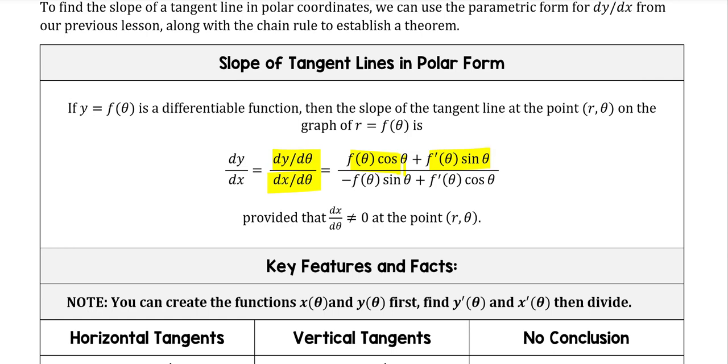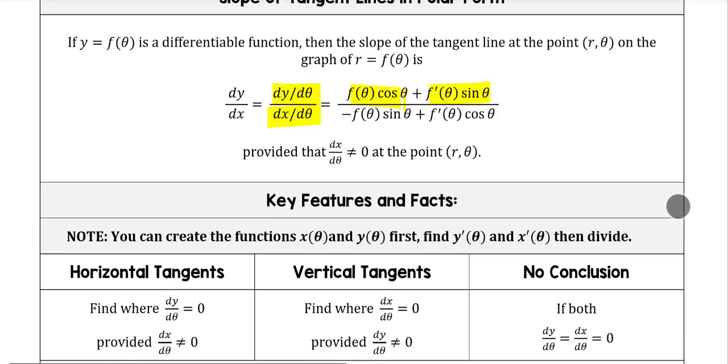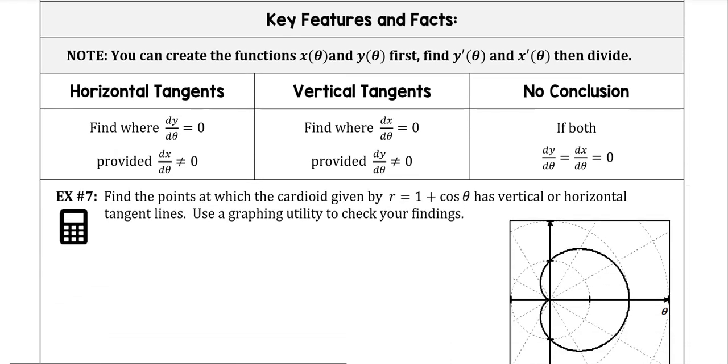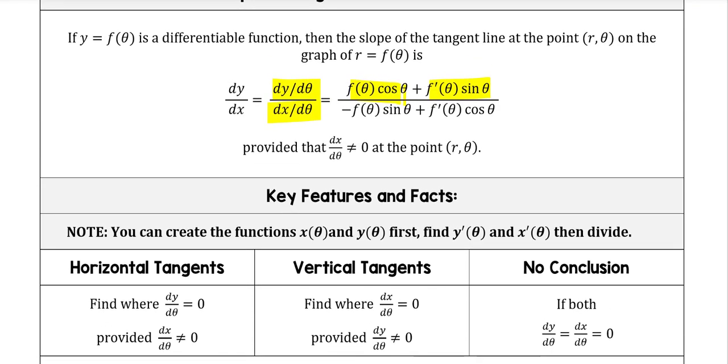Please remember that your dx/d theta can't equal 0 at the specific point that we're looking at. We can create functions x of theta and y of theta first, find their derivatives, and then divide. So you don't have to do everything in this big fraction at one time. You can find the separate derivatives of dy/d theta and dx/d theta, and then simplify them into the fraction.